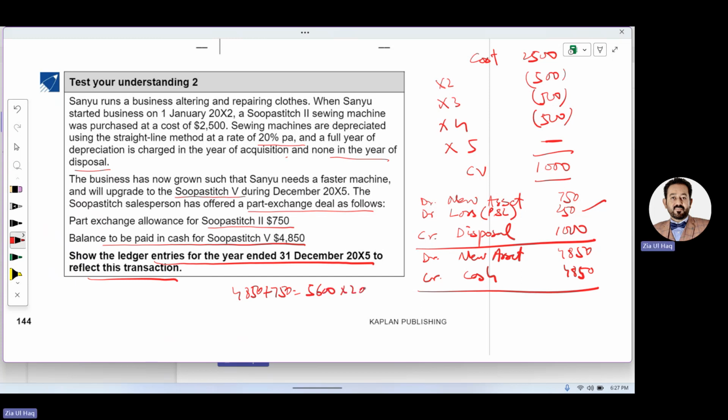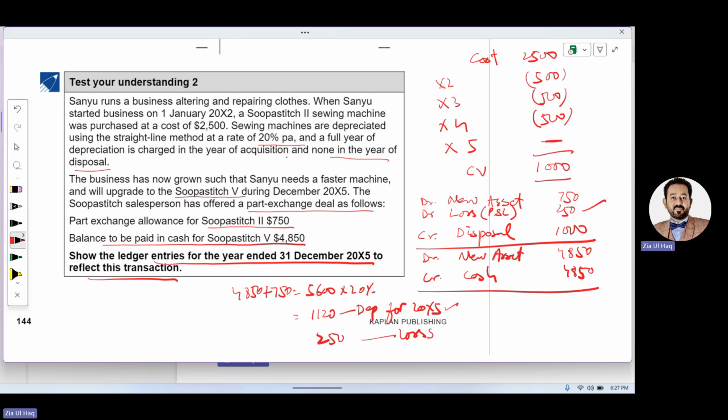And we will depreciate at 20%, so the depreciation will be 1,120 for 20x5. This will also go, and the loss of 250 will also go into the profit and loss account.